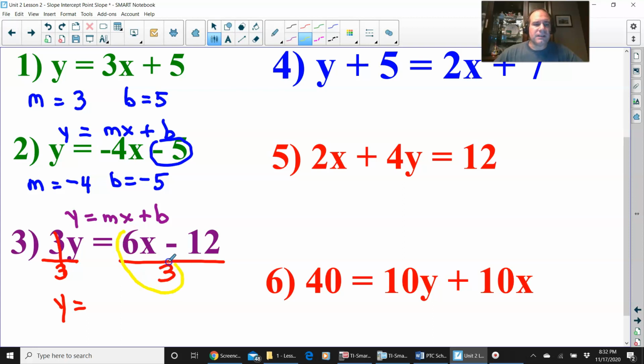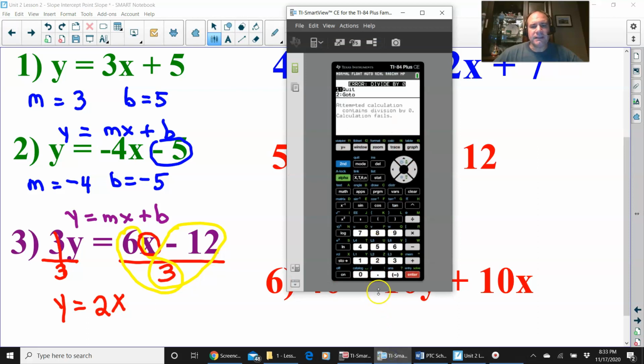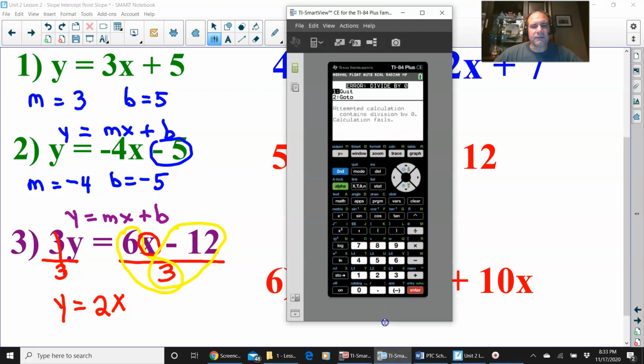So 6 divided by 3. What is 6 divided by 3? If you said 2, you are correct. Do not forget about this x coming down, x. Then I'm going to circle -12 divided by 3. If you need your calculator for -12 divided by 3, then use the calculator.